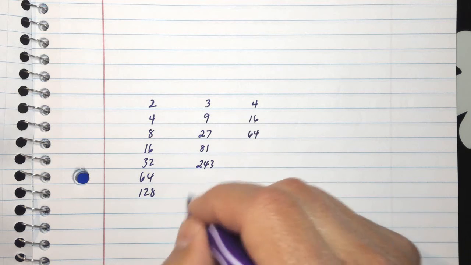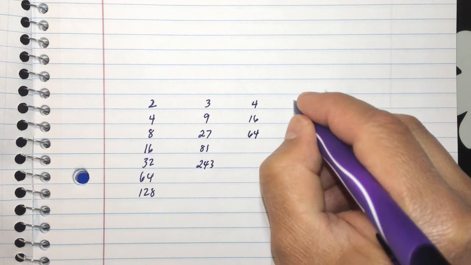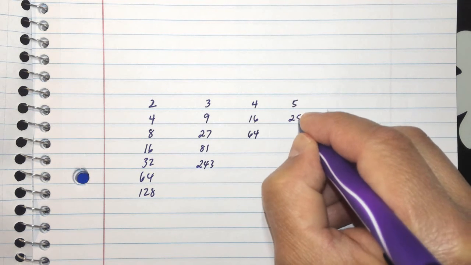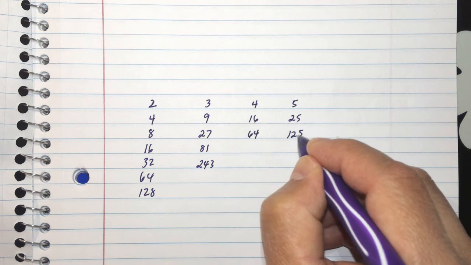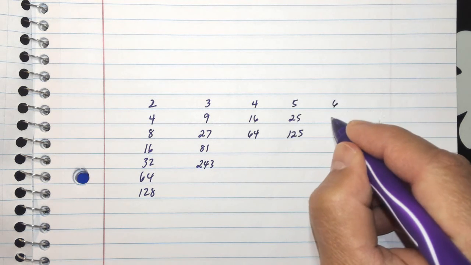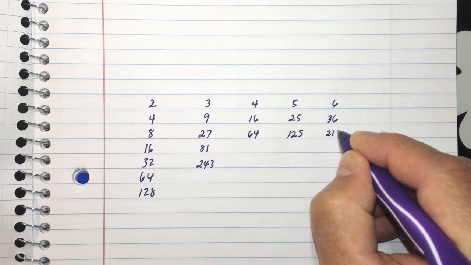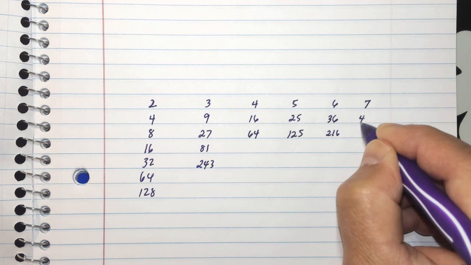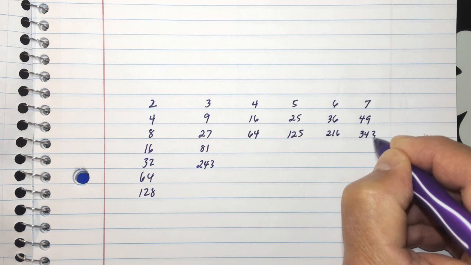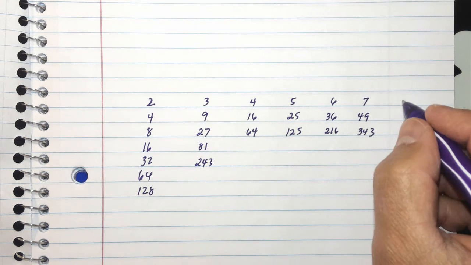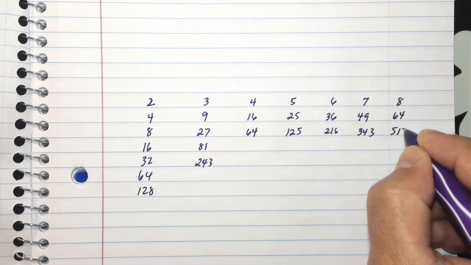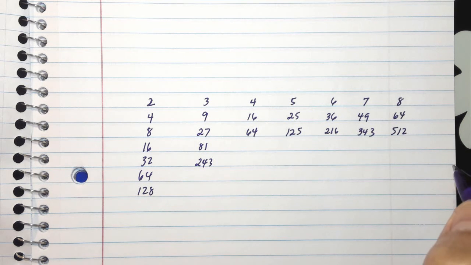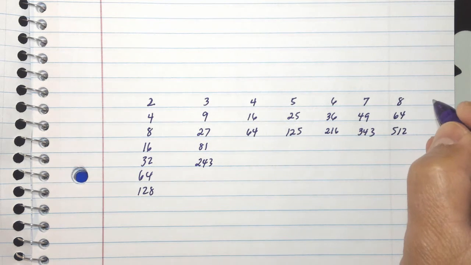That's about as far as we would have you go with the 4s. 5 squared is 25. 5 cubed is 125. Then we would have you do 6s, and then 7s. I know what you're thinking: how the heck? Because I've been doing this for so many years, I have it memorized now. 512. I have no idea why I know 8 cubed is 512, but it is.